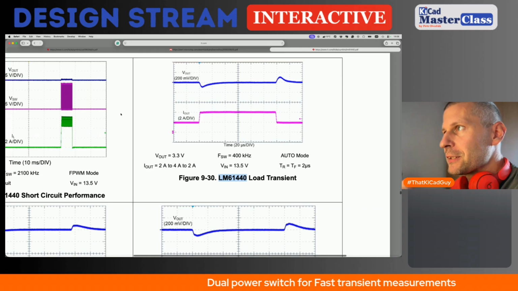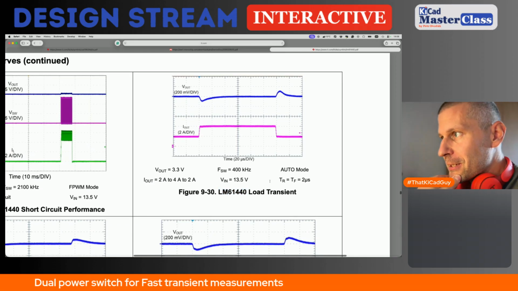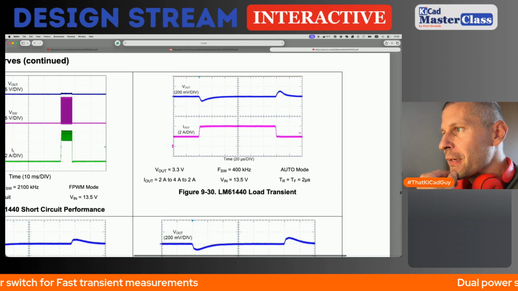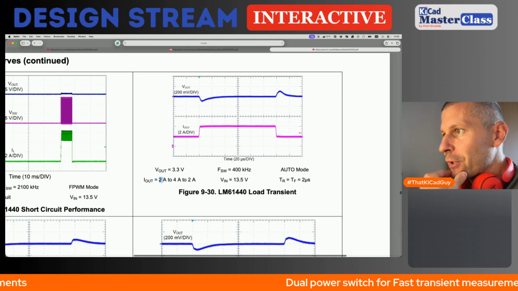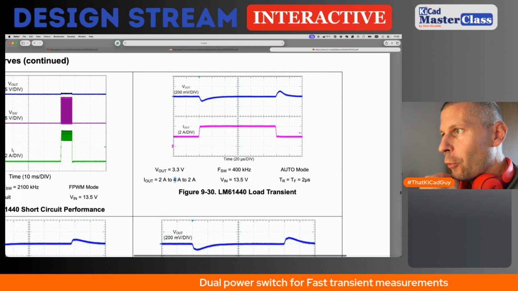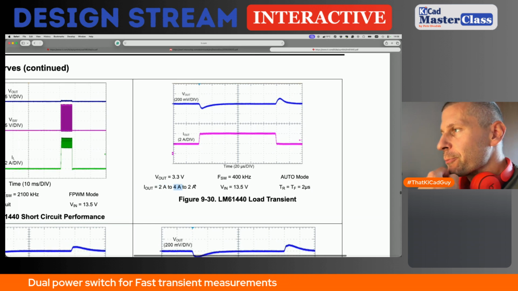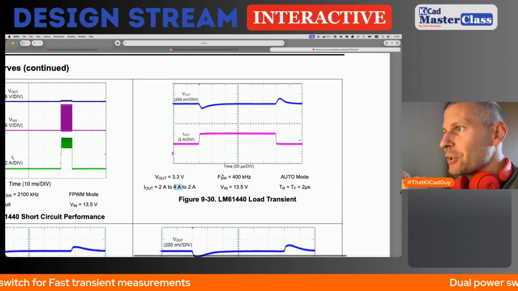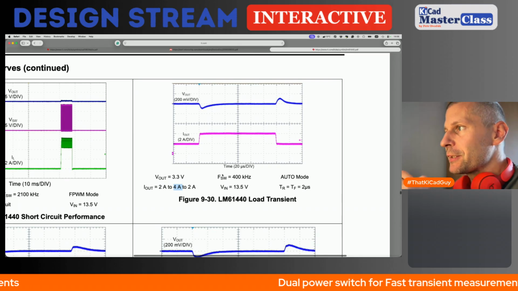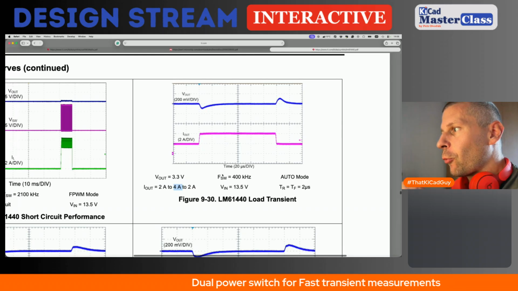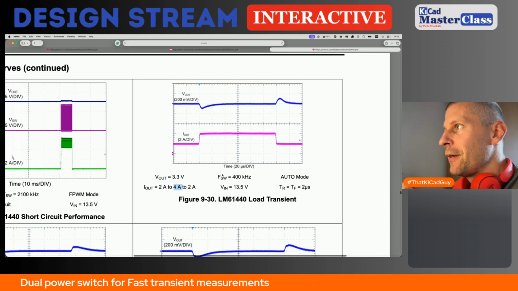And I was asked to share the load transient characteristics from 100 milliamps to 4 amps. Because in the data sheet there is only this waveform for load transient from 2 amps to 4 amps back to 2 amps.